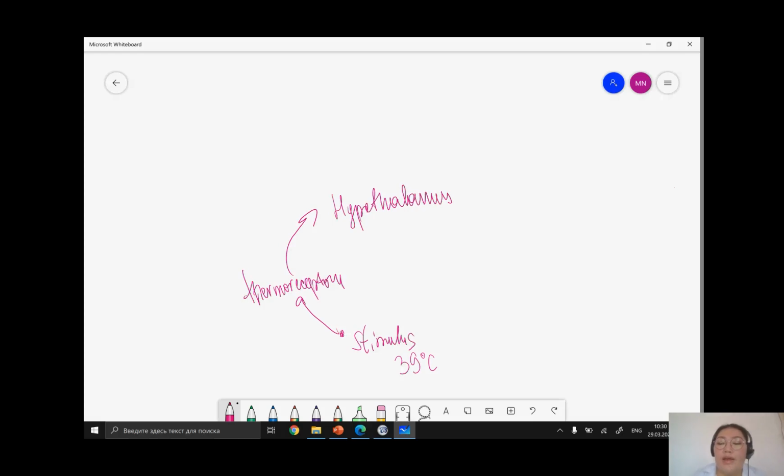And you know, in the hypothalamus we have the control center, and it will compare this temperature to the 37 degrees of Celsius. Yes.